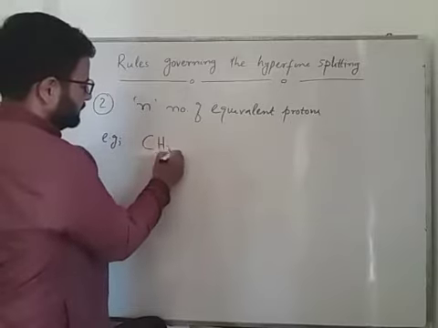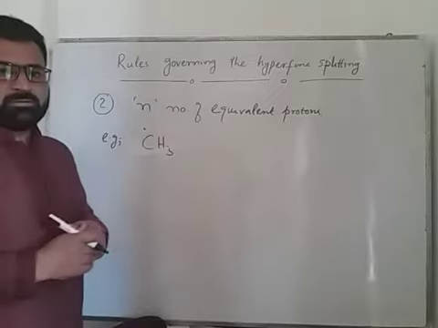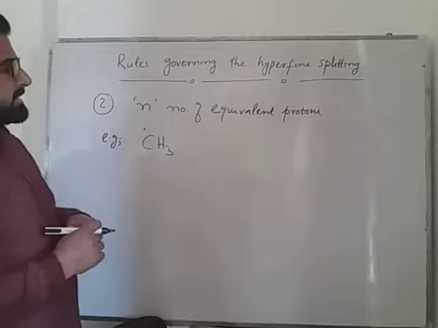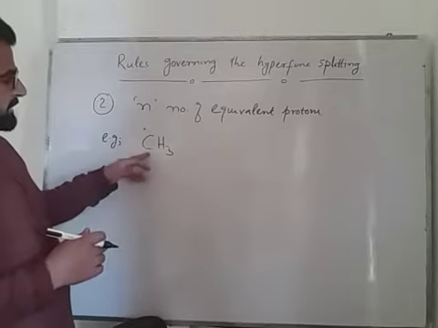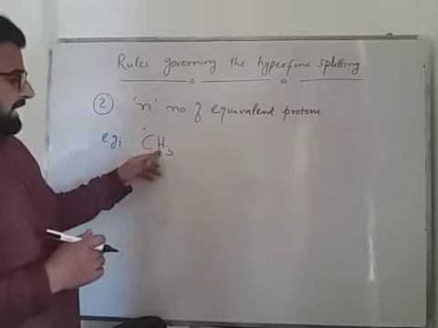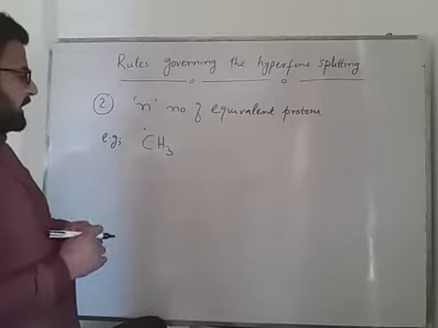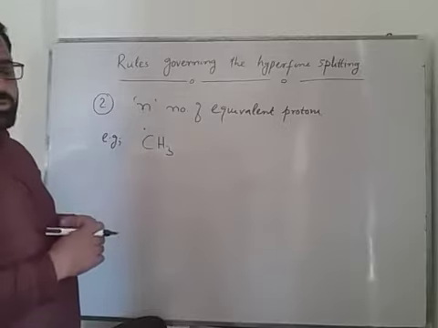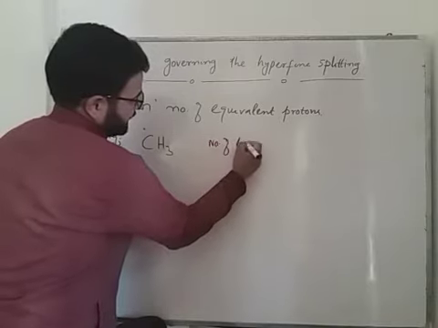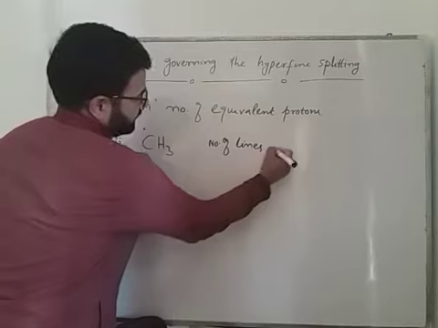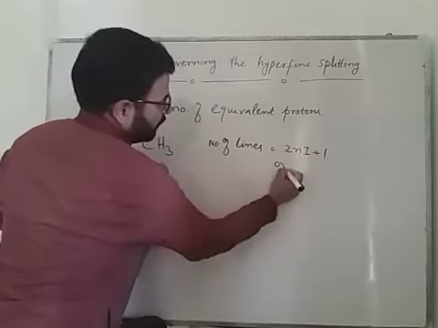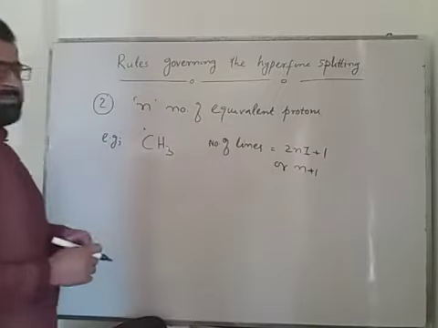CH3 free radical. Okay, this is the simplest system which we can discuss here. Here you can see there are three equivalent protons, that is H3, on which this unpaired electron is delocalized. The number of lines in its EPR spectrum will be given by 2nI plus 1, or simply n plus 1.